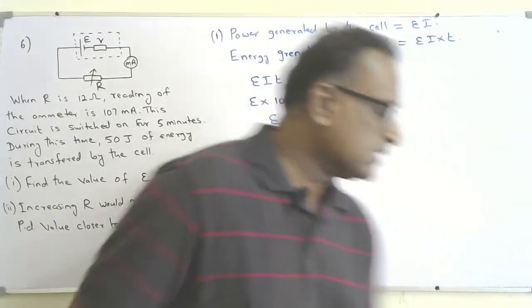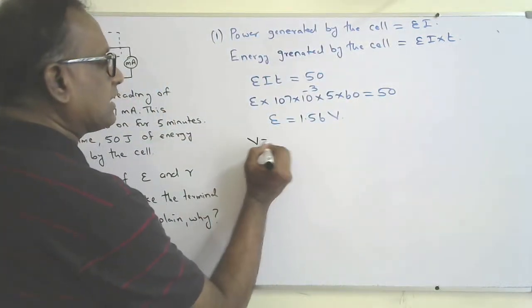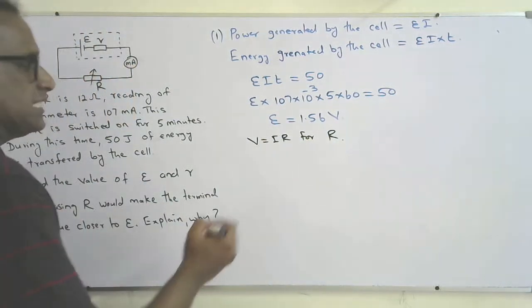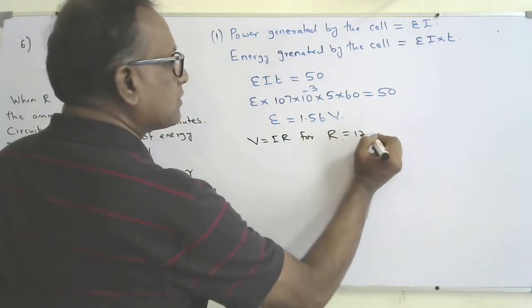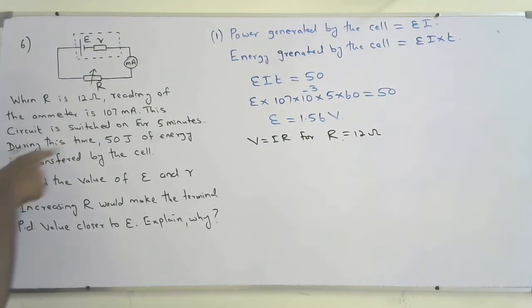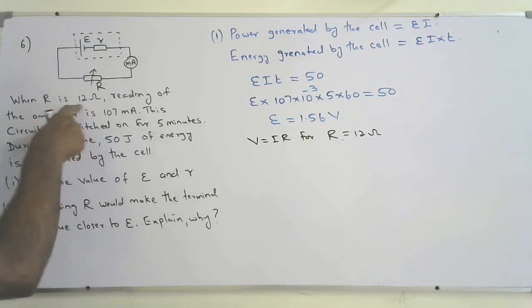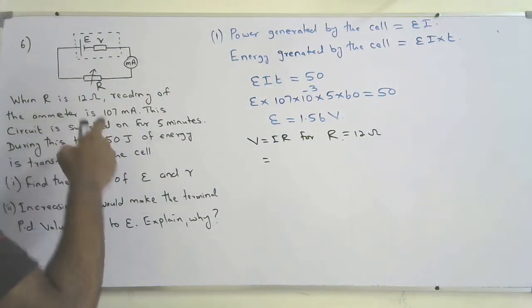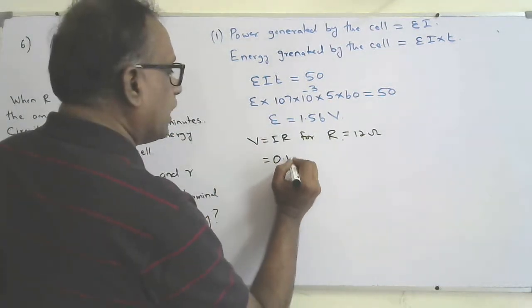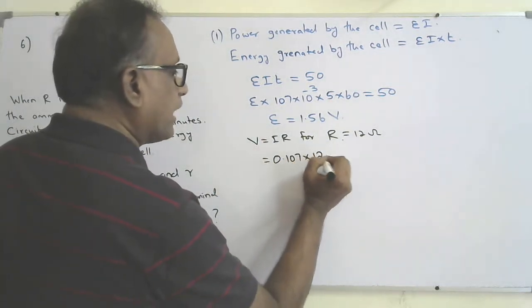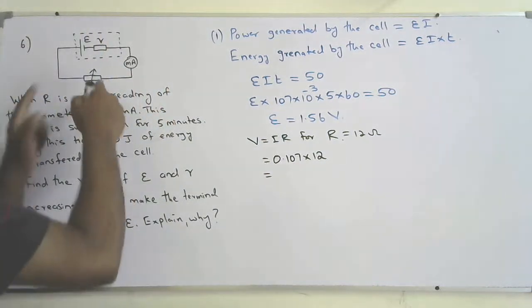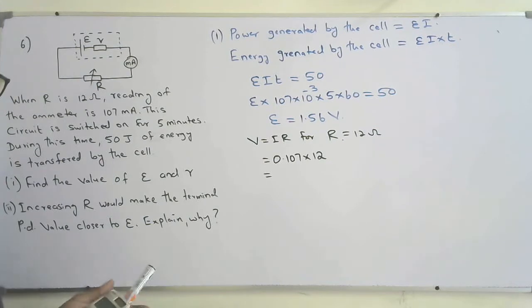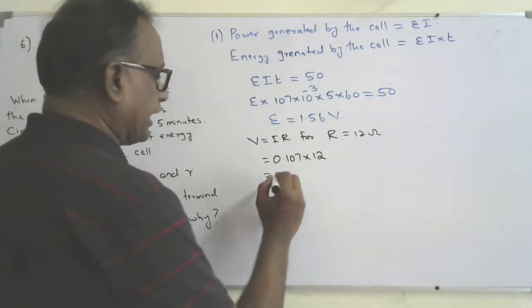I can use V equal IR for capital R, which is 12 ohms. So that will be 107 milliampere, means 0.107 into 12. That's the terminal potential difference. So find that value. That will be 1.284.